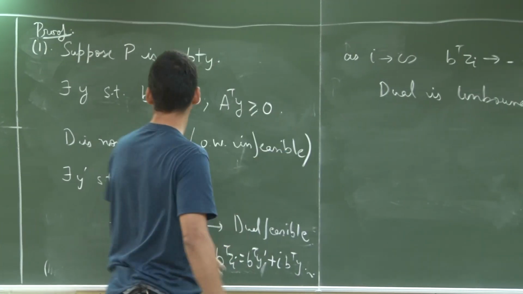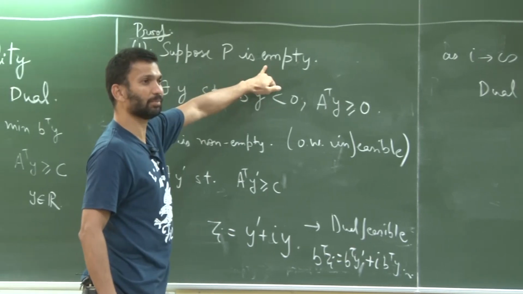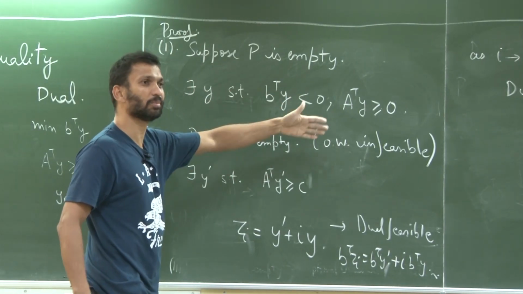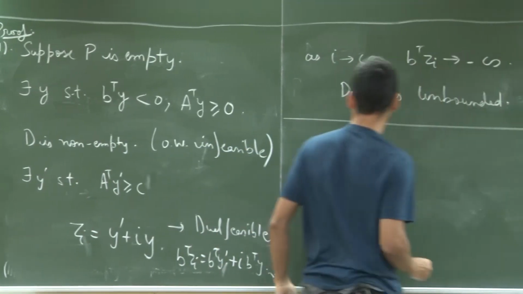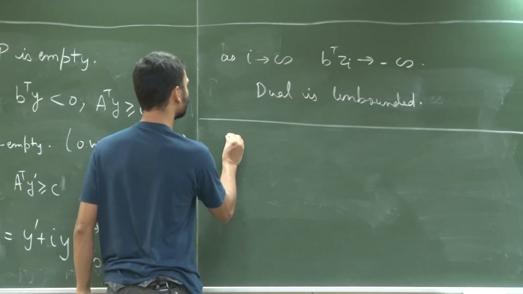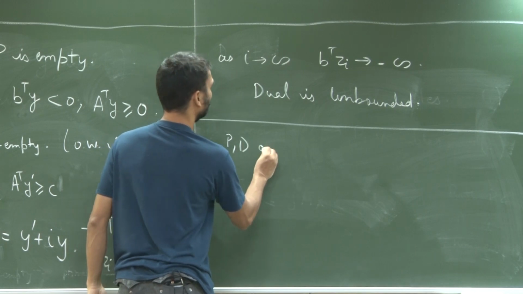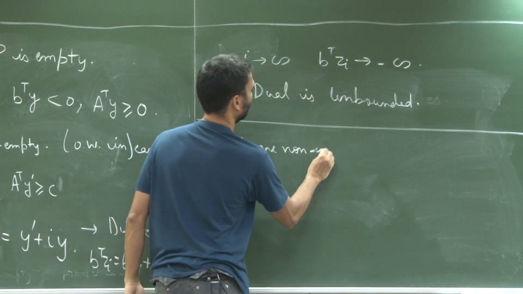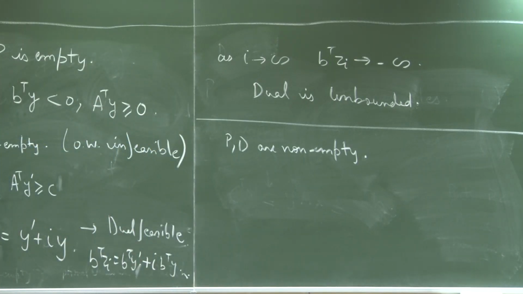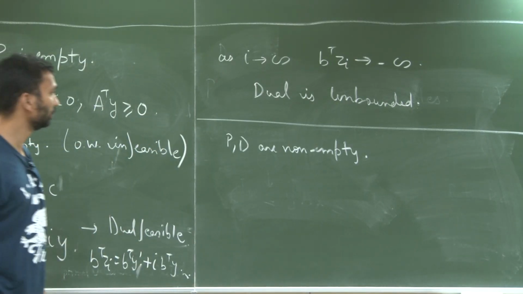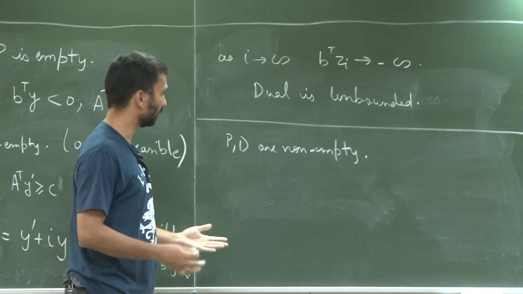So we can say that if P is non-empty and D is empty, then primal is unbounded. So we leave out everything now. We are in the final interesting case, which is P and D are both non-empty.